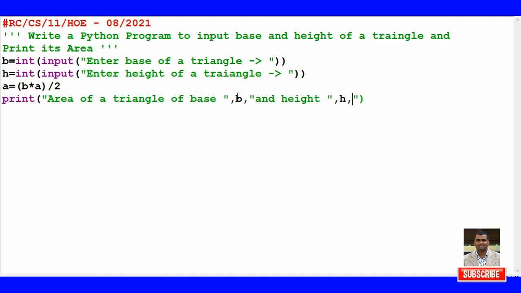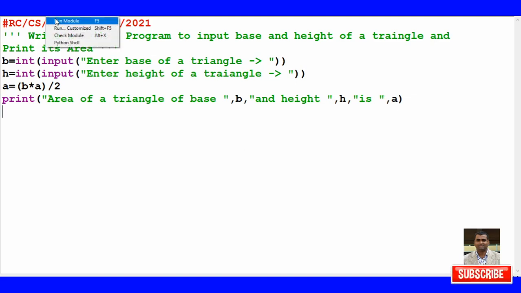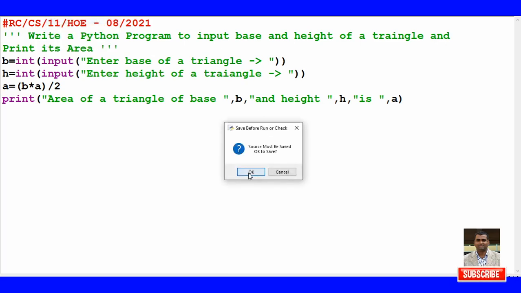Then I'm going to write is, okay, and then that is coming from a as the area. So let's run this program and see whether the proper output is coming or not. I am going to save and run.